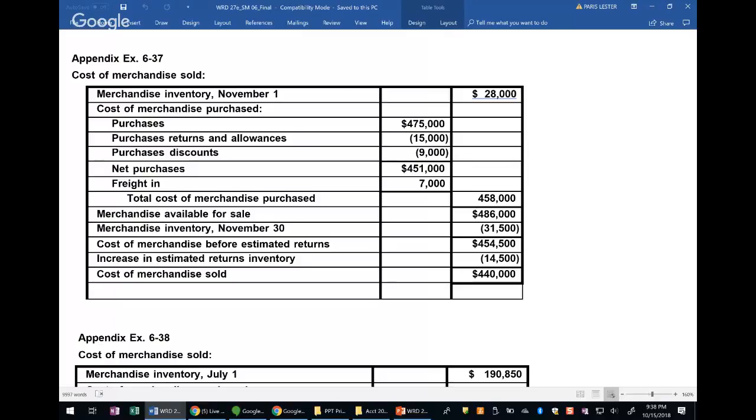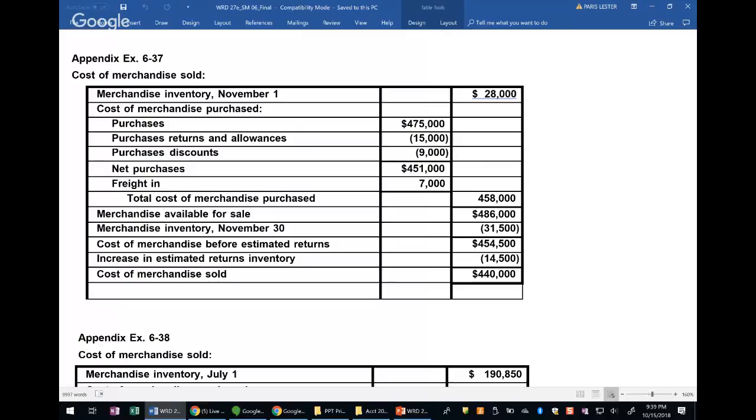Now, as far as this chapter goes, the only other thing I'm going to assign you from the appendix is, trying to find it, probably exercise 34.